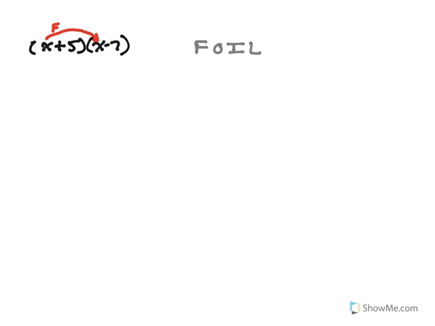The first term of the first binomial and the first term of the second binomial. So x times x would in fact give me x squared. You have to remember, because you have x with an invisible exponent of 1, and you're multiplying it by another variable x with an exponent of 1, when we add the exponents, we get x to the second power.